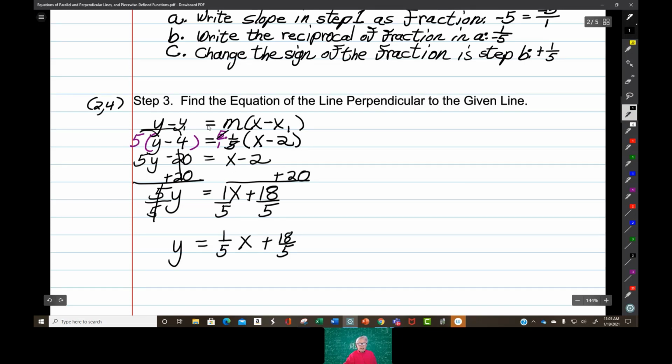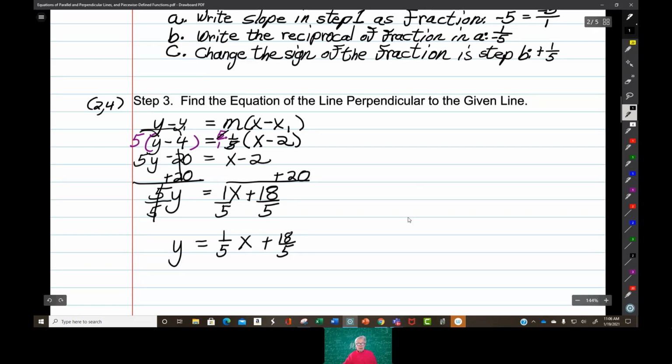Then to get rid of the fraction, you multiply both sides of the equation by the denominator of the fraction, and that just makes it easier. Most people have trouble with fractions. If you don't, then just go ahead and distribute 1/5, if you feel comfortable with fractions.